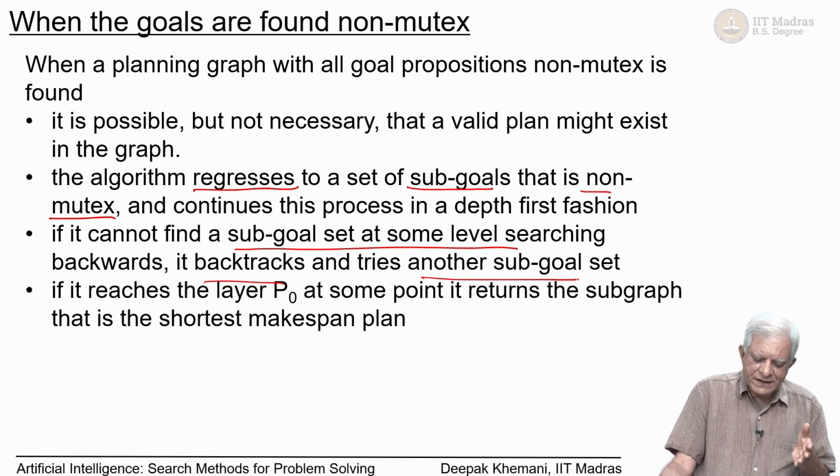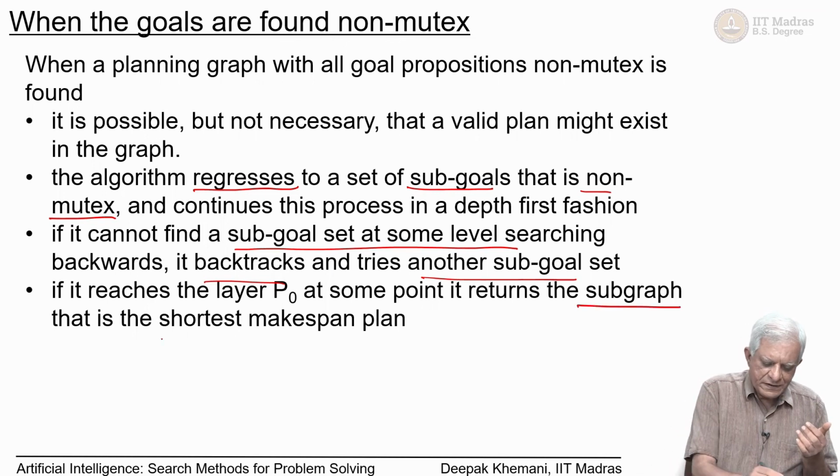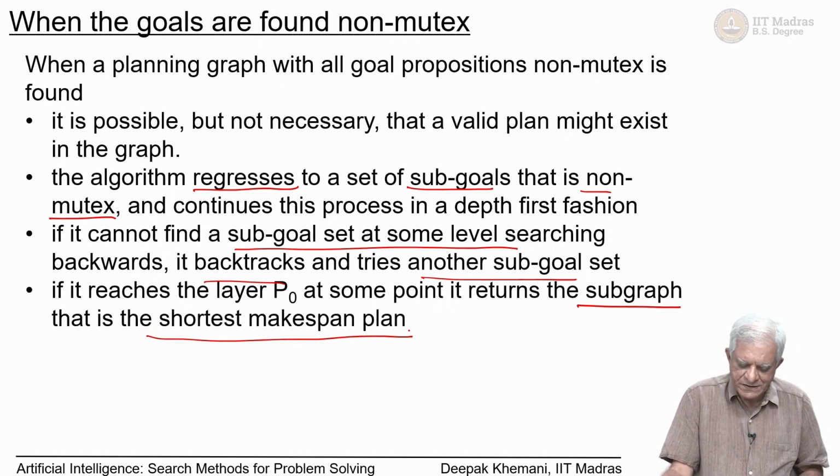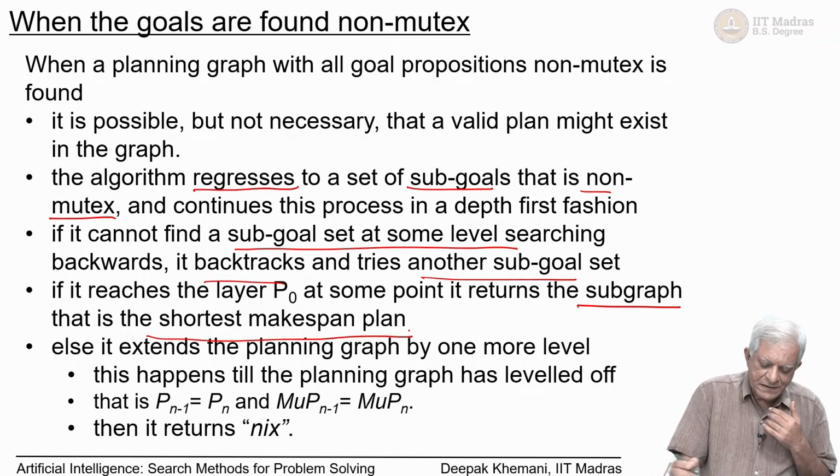If it reaches the layer P0 at some point, it returns the subgraph that is the shortest make span plan. What is this subgraph? It contains all the actions in the plan that you have found and all the propositions on the way. As I said, there may be more than one action in a layer, which means that they can be done in parallel.